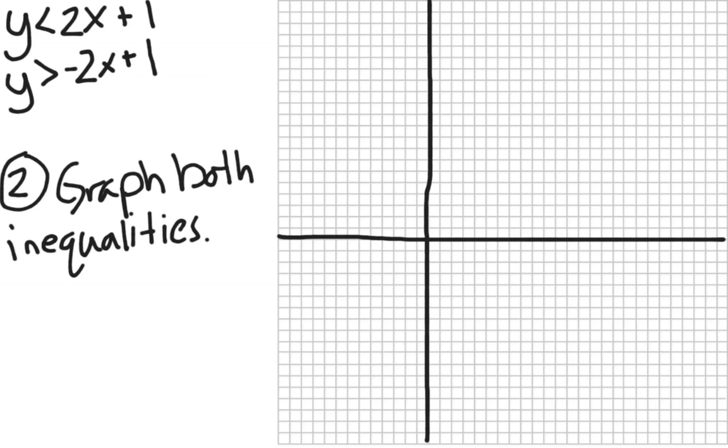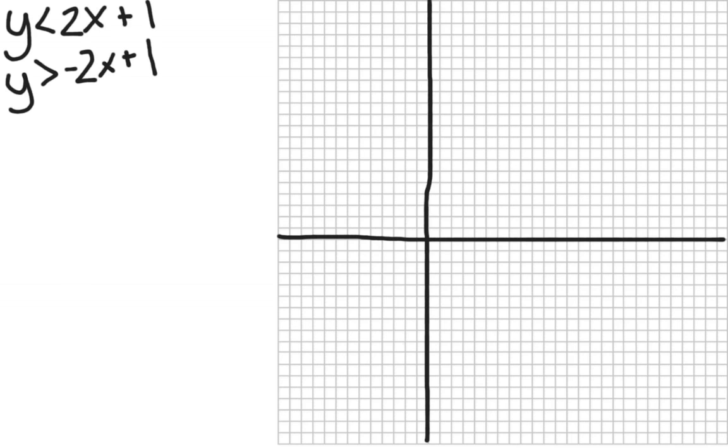I still need to use a dashed line when there's no or equals to symbol. I still need to use the y-intercept and the slope to graph. But instead of graphing one inequality, I'm going to graph two. If you haven't written down this step yet, do it quickly because it's about to go away.